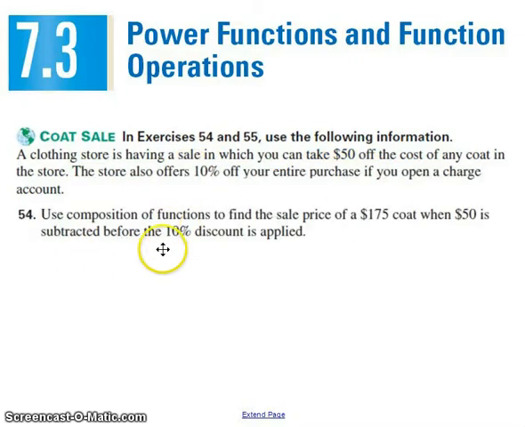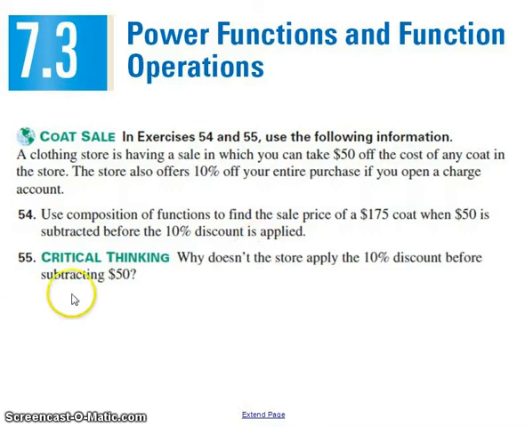So I'm not going to walk you through how to solve this problem. This is something that we're going to work toward over the course of the next day or two. But question 54 in your textbook asks you to use composition of functions to figure out the sale price of the coat. And then it asks you, and this is an interesting question, to think about why doesn't the store apply the 10% discount first before subtracting the $50?